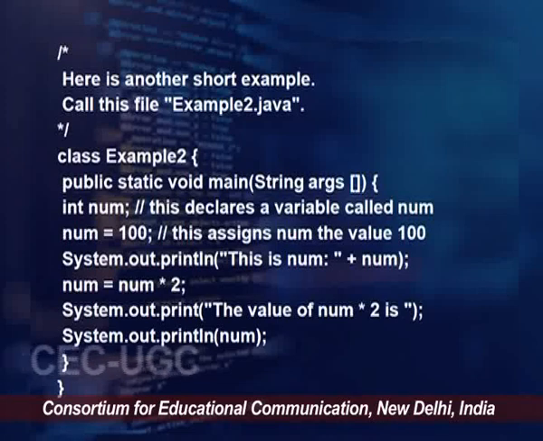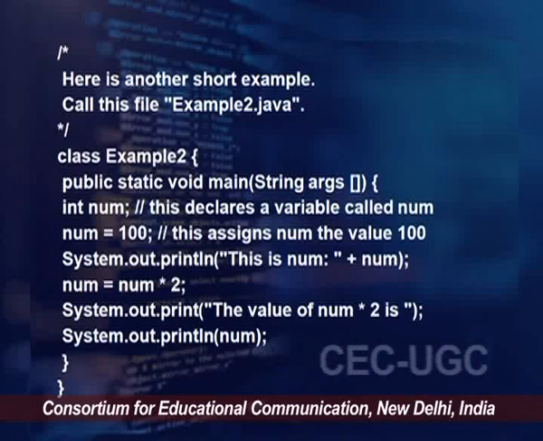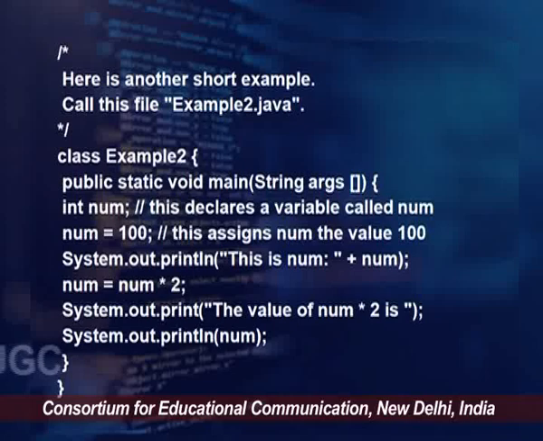Now class example2, and within this class example2 we have written our main function by public static void main string args, and then we have declared one particular variable which is num, and it is of type integer. So int num is a variable of type integer.